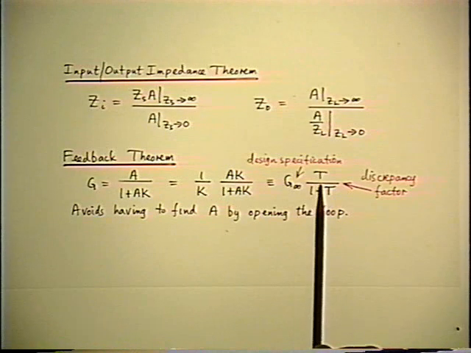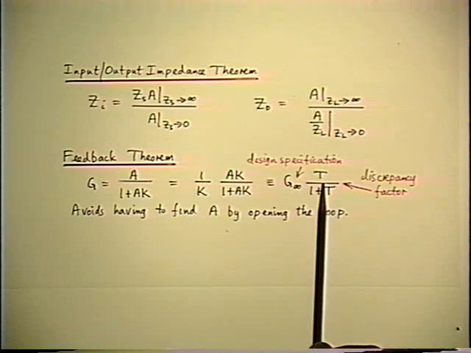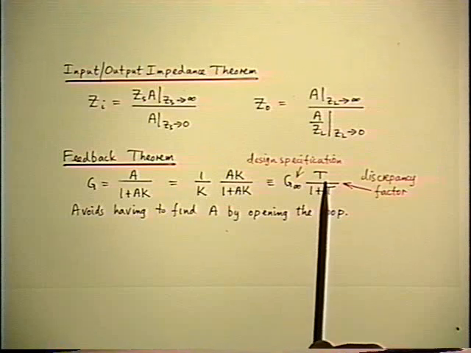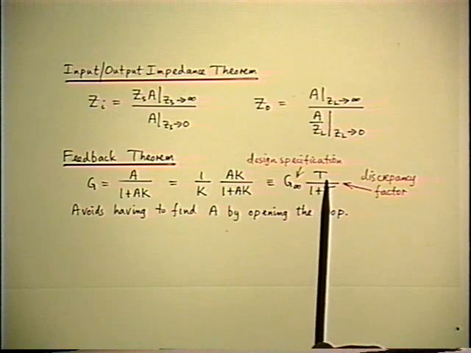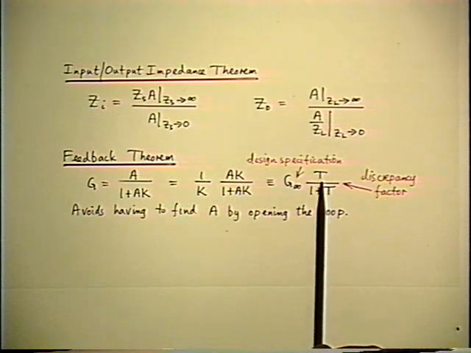The hard part of it is that T is going to go to 0 eventually at infinite frequency in any practical system, because the forward active gain is going to go to 0 because of shunt capacitance. So every real system has a gain that goes to 0 at infinite frequency. And of course if it's an AC coupled system, it's going to go to 0 at 0 frequency as well.